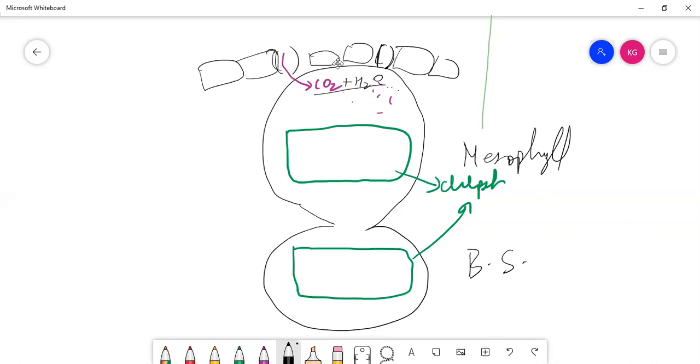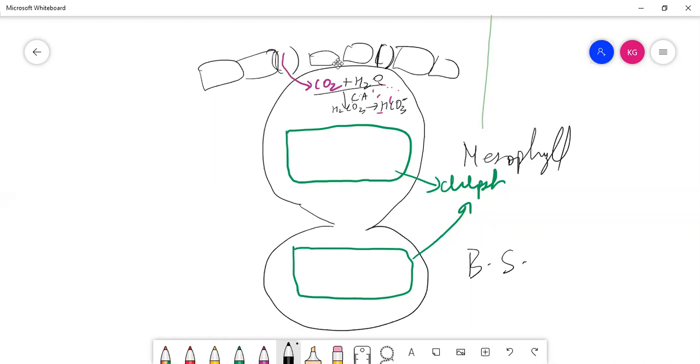What is the enzyme? The name of the enzyme is carbonic anhydrase. We get H2CO3, and this H2CO3 is converted to HCO3 negative. That means finally what we get is bicarbonate ions. So through this capture, what we finally get is bicarbonate ions.